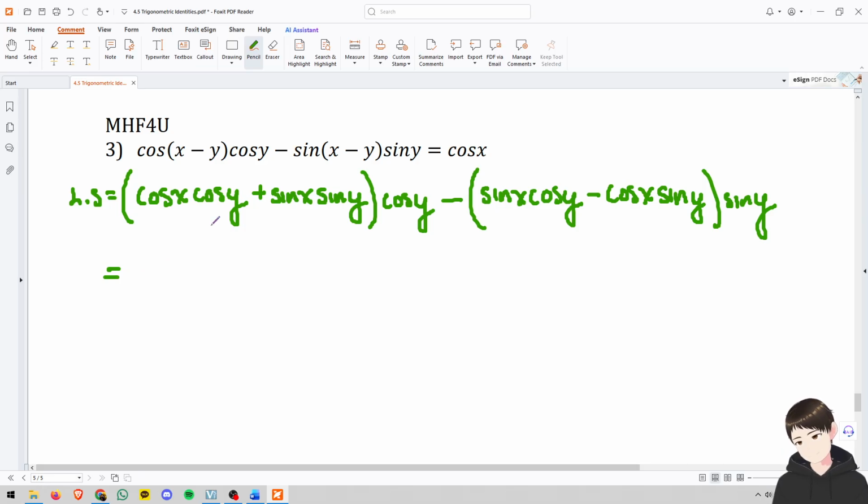At this point in time, your eyes might start looking to see, are there any similarities? Take a look.